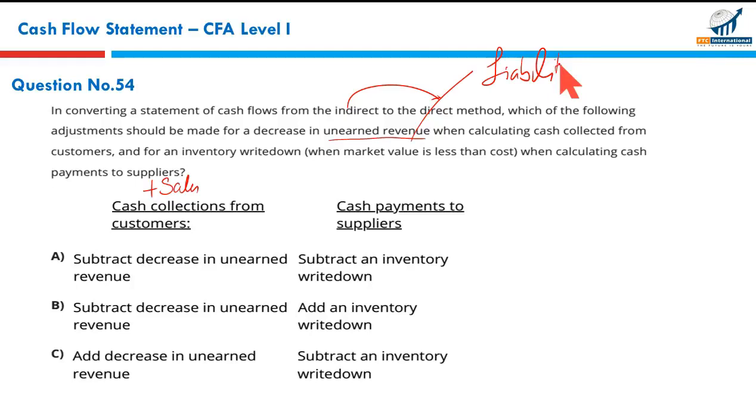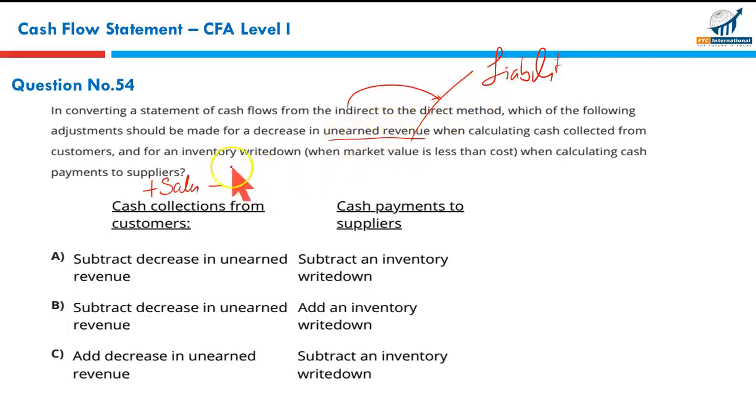It's a liability. A reduction in liability, just like a reduction in accounts payable, is an outflow. So this is the way to remember. A decrease in unearned revenue is like a reduction in a liability, and a reduction in a liability means outflow. Even though there is no cash outflow for this, because unearned revenue has not been realized in the income, effectively it's a liability.